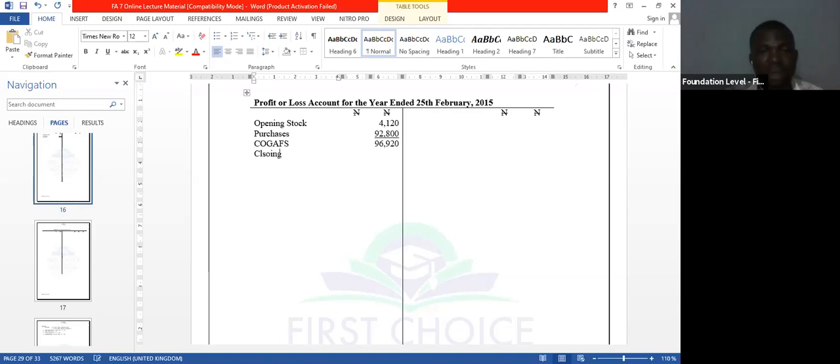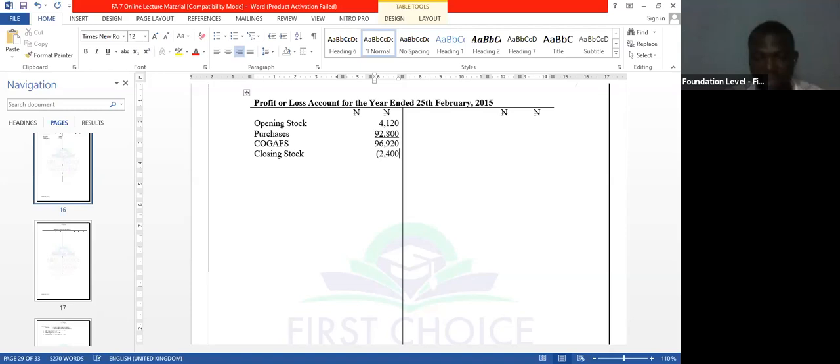That's closing stock. What is the figure given to the closing stock? It is 2,400. So I'll put it in brackets. Assuming I put less closing stock, I won't put brackets there, but because I just put closing stock, I put brackets. Just brackets. Bracket or jacket is all the same in accounting terms.